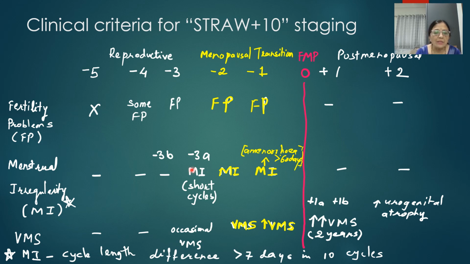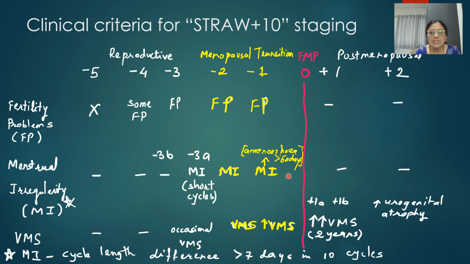So as you can see here, as a woman passes through the stages of early reproductive phase, peak reproductive phase, and late reproductive phase, towards the end of the late reproductive phase some menstrual irregularity in the form of short cycles is observed, followed by menstrual irregularity with a cycle difference of more than 7 days over 10 menstrual cycles, followed by menstrual irregularity with more and more periods becoming anovulatory, so that there are cycles with a short period of amenorrhea of greater than 60 days.